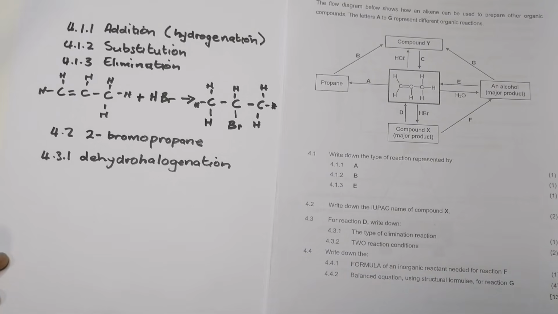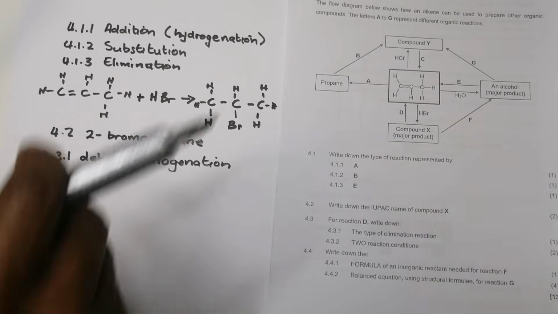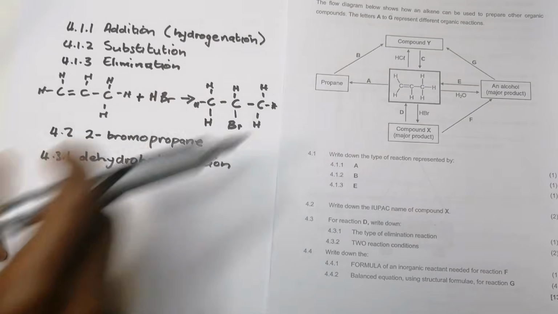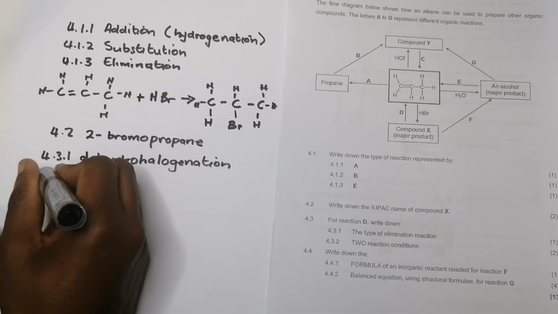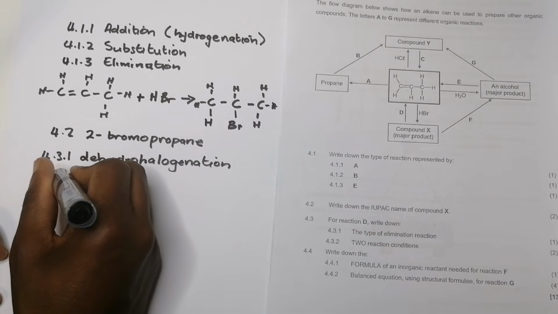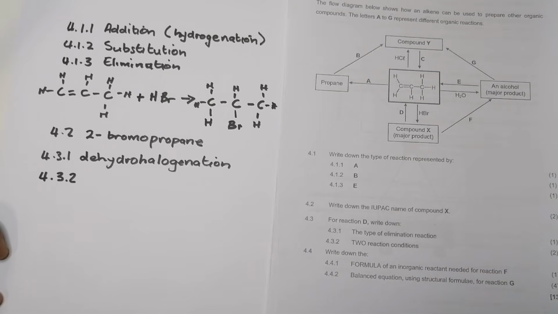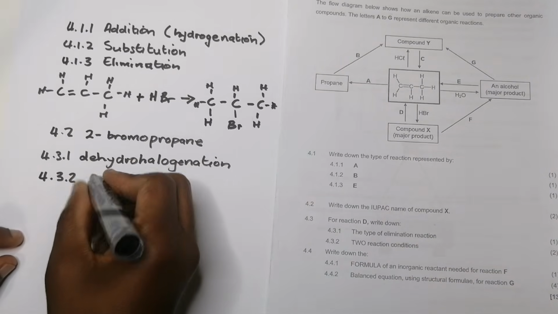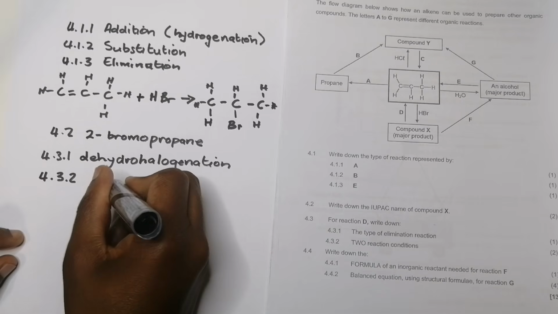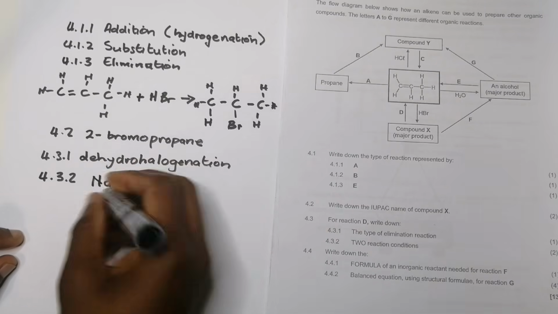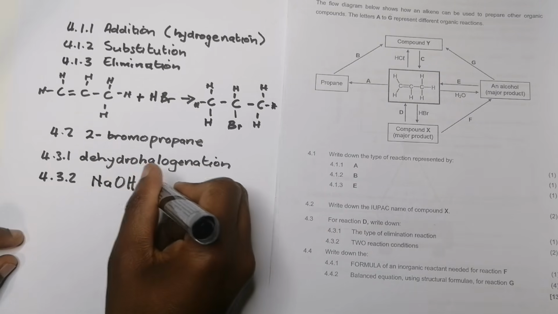And now they ask us to state the two reaction conditions that are needed. For the elimination reaction to take place, there are two things that must be in place. We use a concentrated strong base, so we must have sodium hydroxide, let's say, which is concentrated.